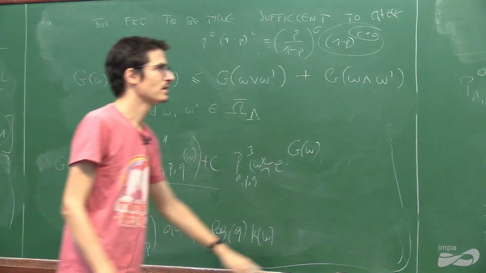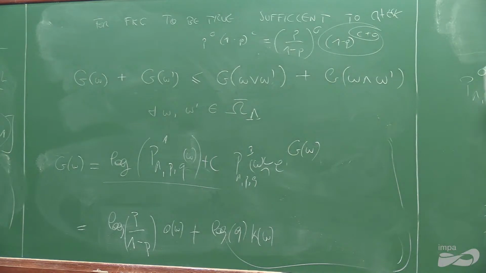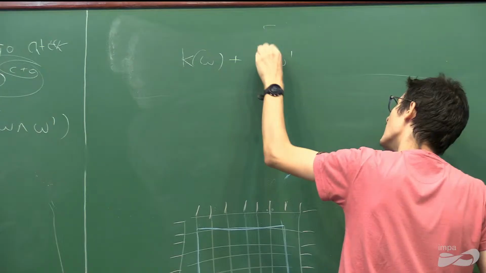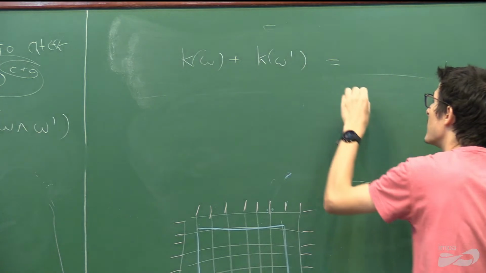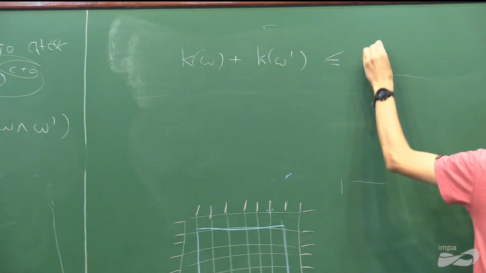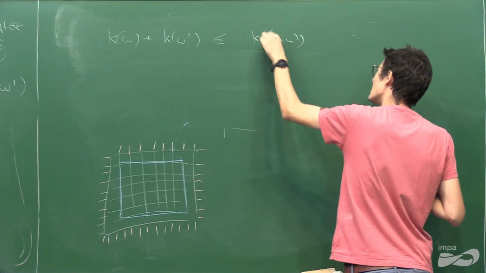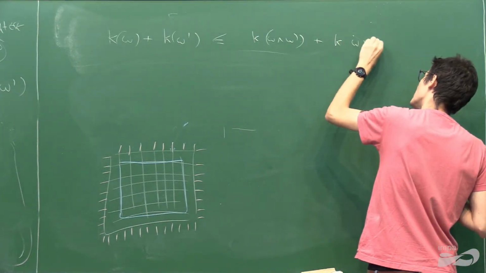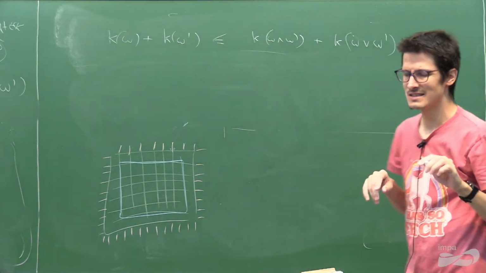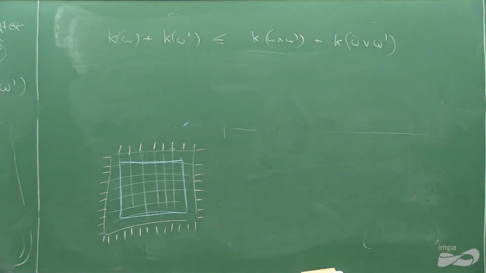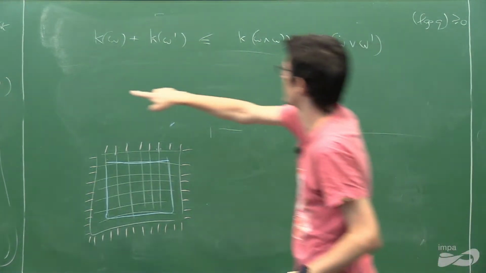So really, the only thing you have to prove, if you want to prove FKG, is that K of omega plus K of omega prime is smaller than K of the minimum plus K of the maximum. And here I'm using that log Q is positive. So to prove this, I just need to prove that.